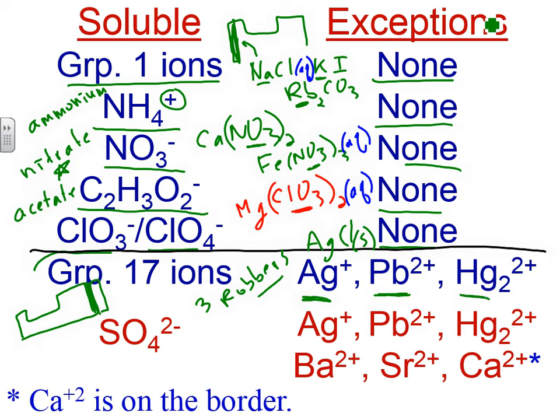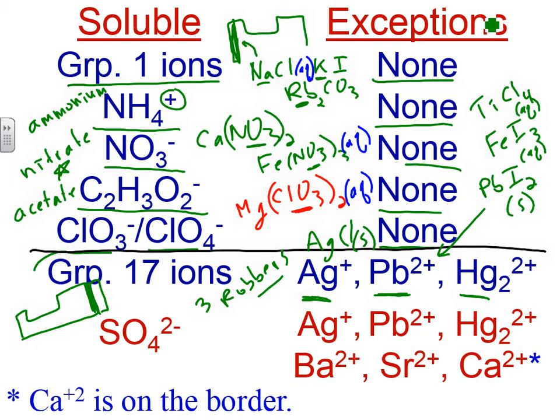So, for example, if you find yourself with lead iodide, PbI2, lead 2 iodide, this will also be a solid. But iodide, anything else, iron iodide is aqueous. If you have titanium iodide, titanium chloride, all of these are aqueous. So the rest of these are going to be aqueous. And that's what we mean by soluble or insoluble.